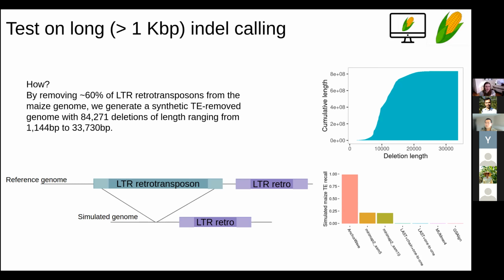For AnchorWave, we see a very high proportion of the removed TEs identified as deletions. Minimap2 recovers a little more than 20% of the TEs we deleted, and most of the other genome alignment software is really incapable of calling these indels.